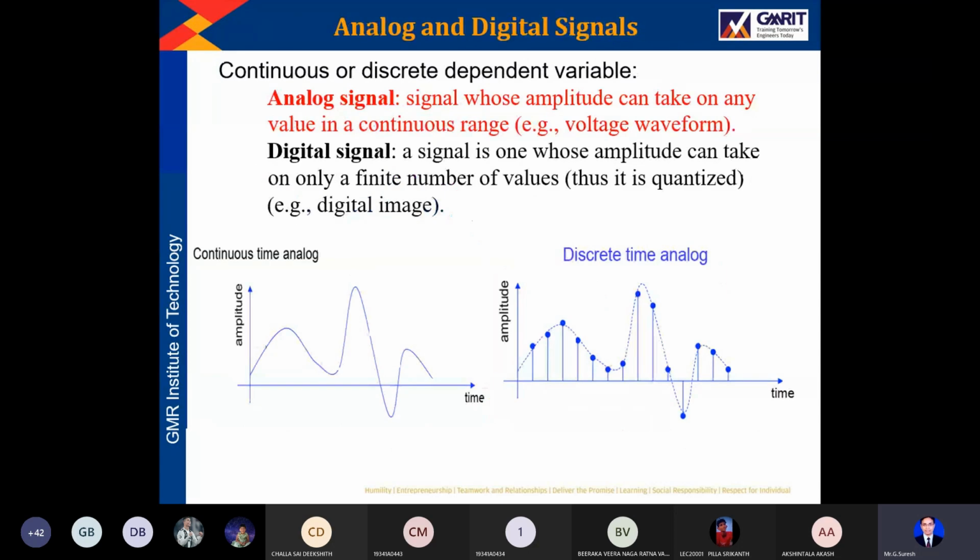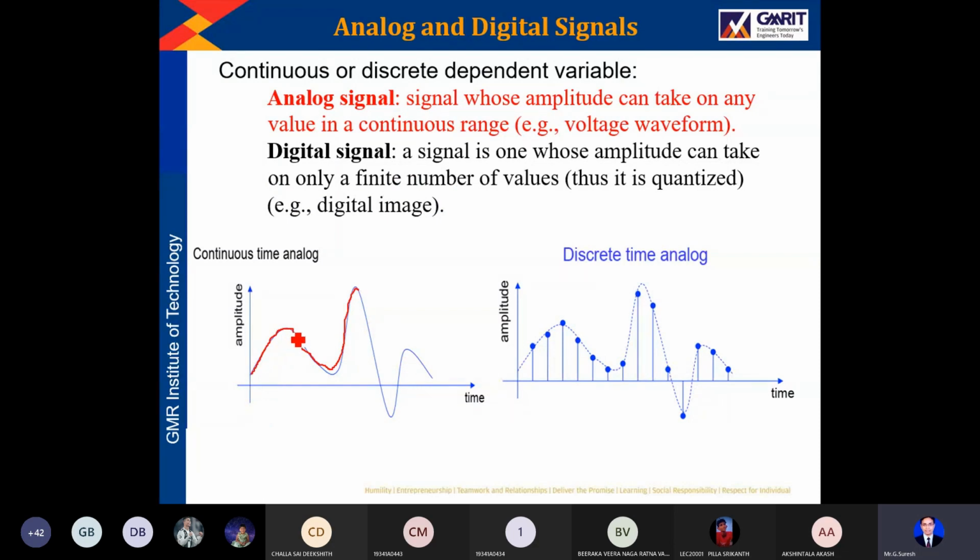Okay, so till now we have seen the independent variable, either it is one or multi. After that we have seen whether this independent variable is continuous or discrete. Now we'll come to the y-axis, the amplitude or magnitude, where we try to represent the quantity of the signal. If you look at the quantity of the signal on the y-axis, it is continuous.